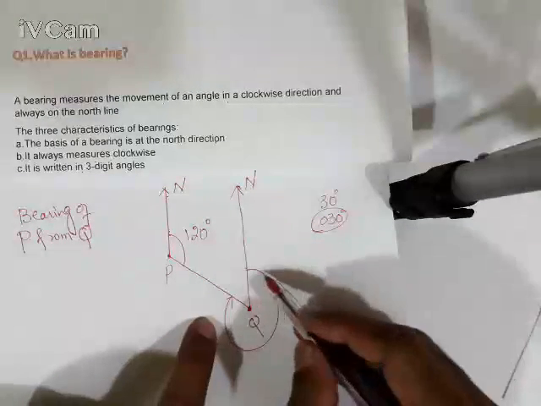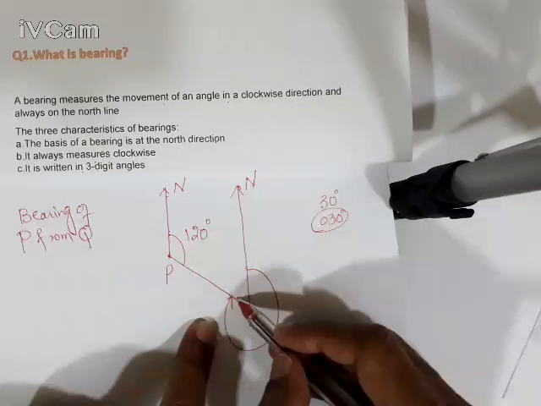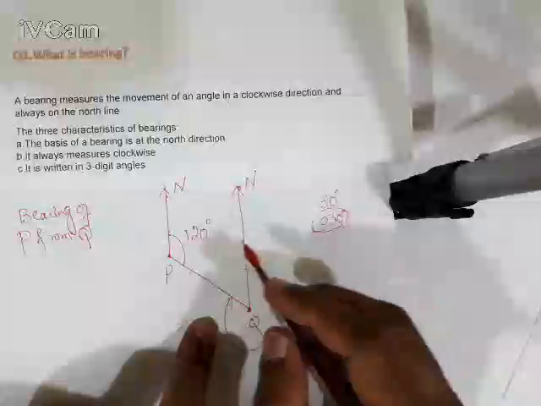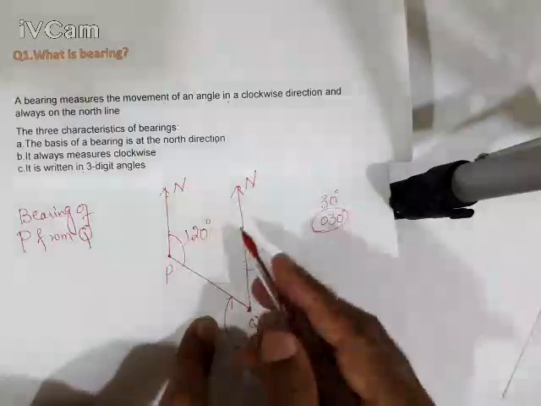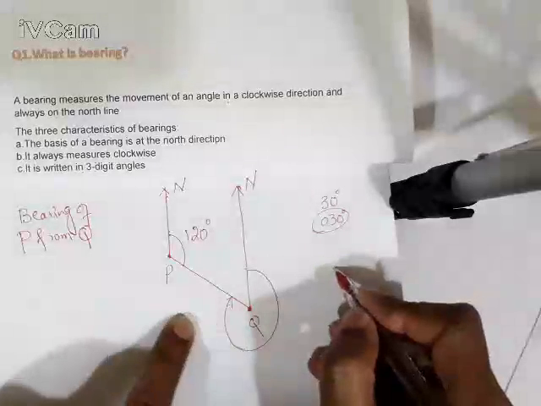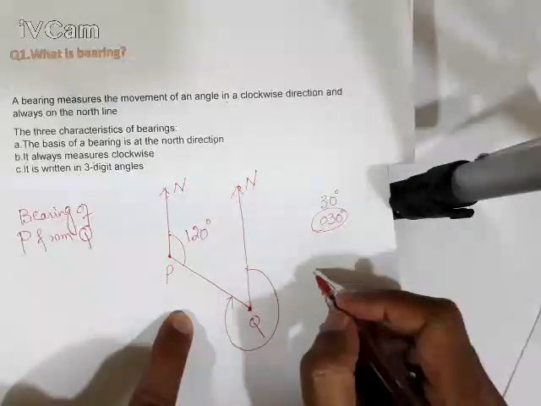Now you have to calculate this complete angle, but before that we must know some properties related to angle calculation. We know that when two lines are parallel, their interior angles sum to 180 degrees.